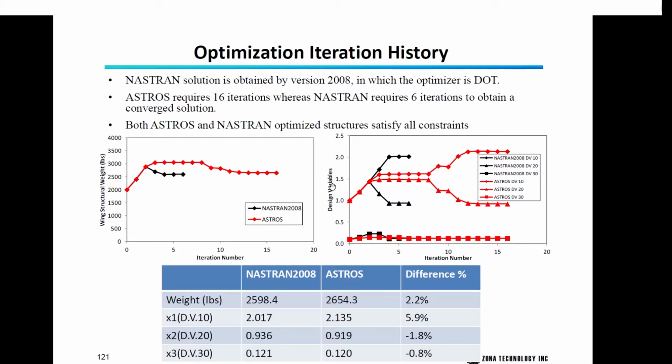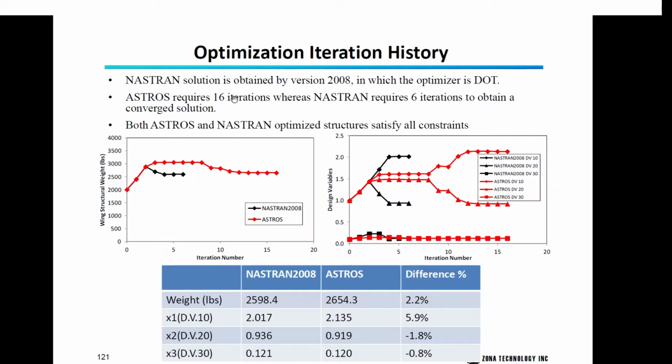Then after we validate the trim solution and the flutter solution, we start doing optimization. This is the optimization iteration history. Nastran solution is obtained by the version 2008, in which the optimizer is used.